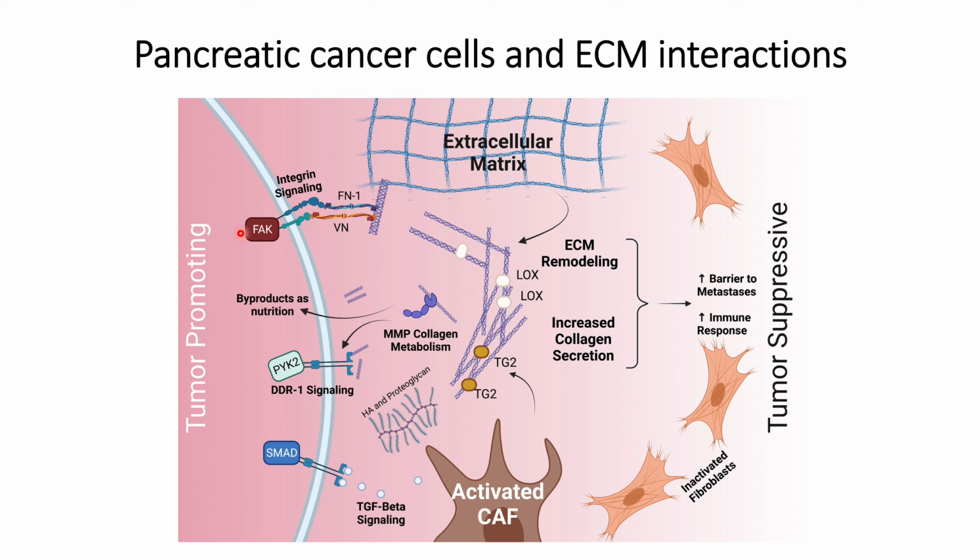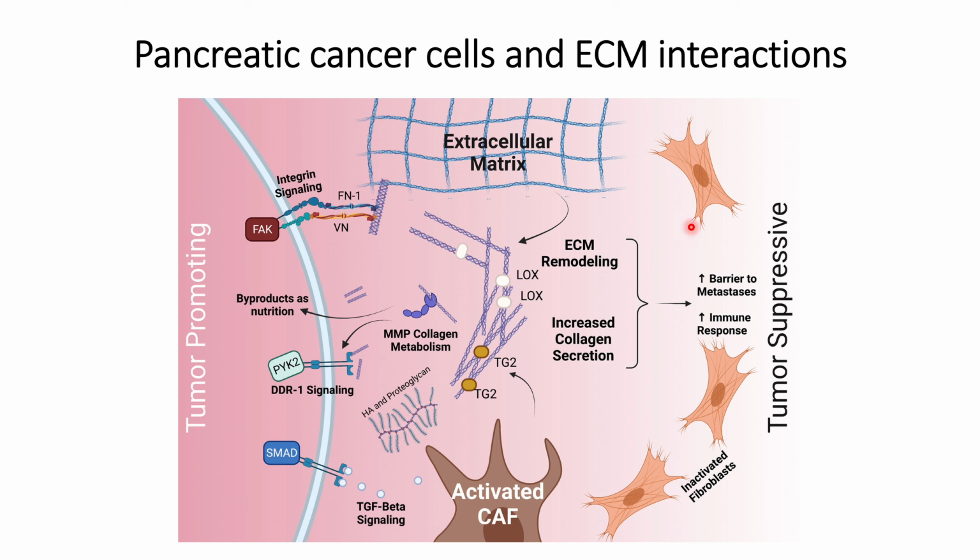Both of these pathways play a role in promoting cancer cell proliferation within this reprogrammed tumor environment. Most of this stroma is surrounded by collagens and activated CAF, that is, cancer-associated fibroblasts.